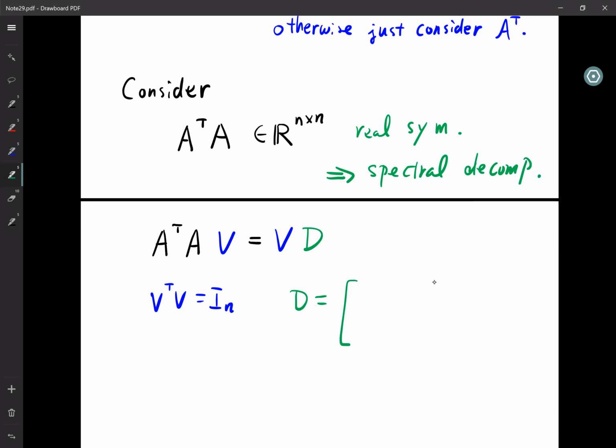But you see, all the eigenvalues of A transpose A are non-negative. So these are sigma 1 squared, up to sigma n squared.